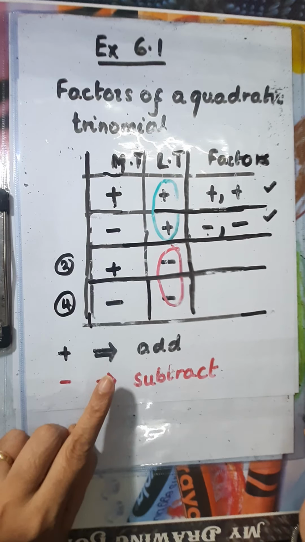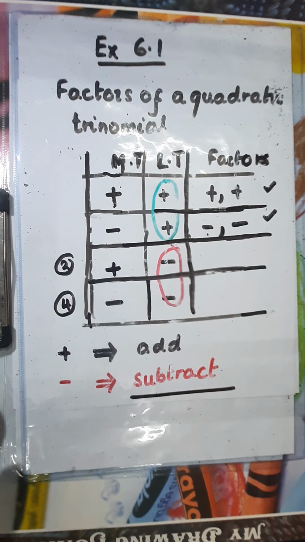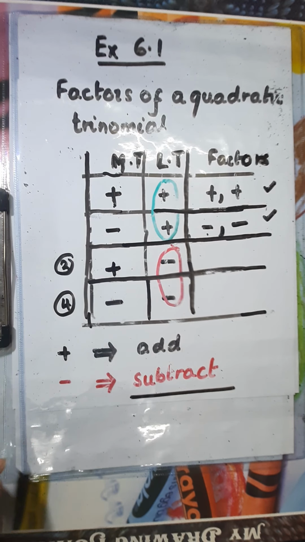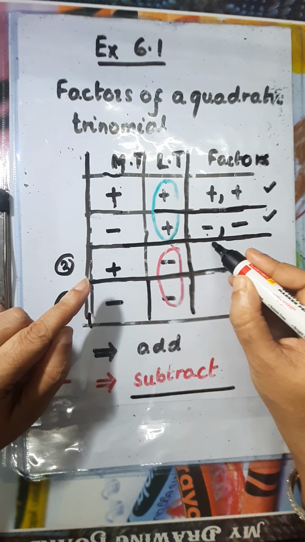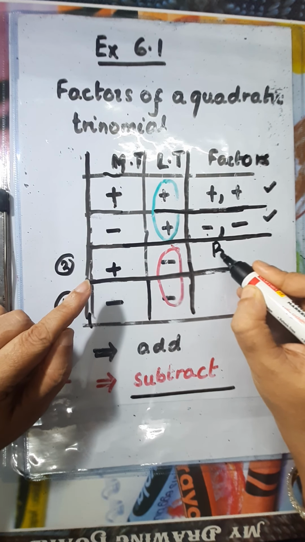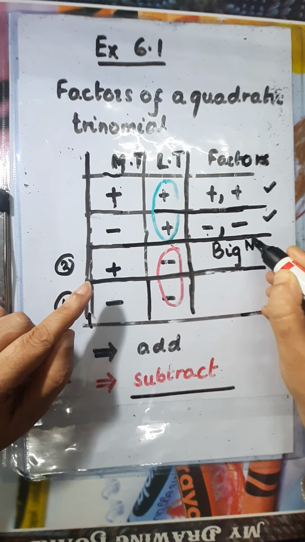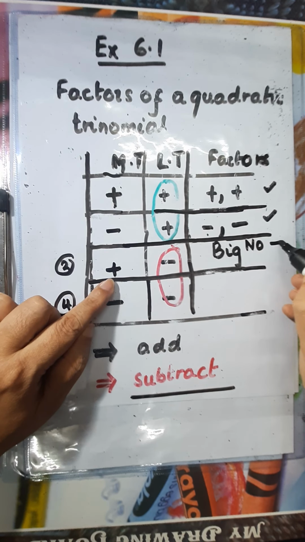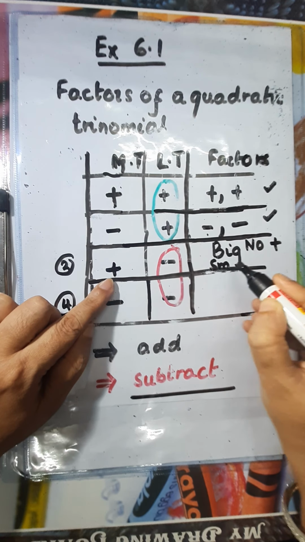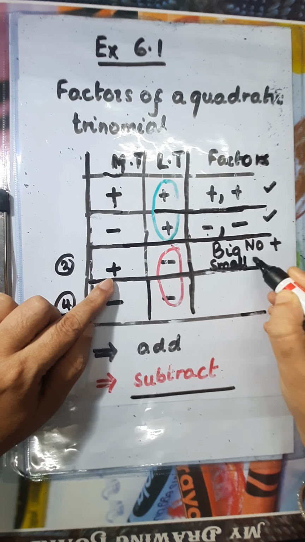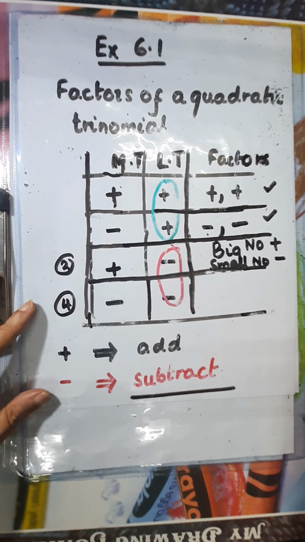Now, I told you that day, when the last term is minus, I have to subtract to get the middle term. Now you please understand, when I subtract to get the middle term, my big number, the big factor, gets the positive sign, the middle sign, and the small number gets the minus sign.